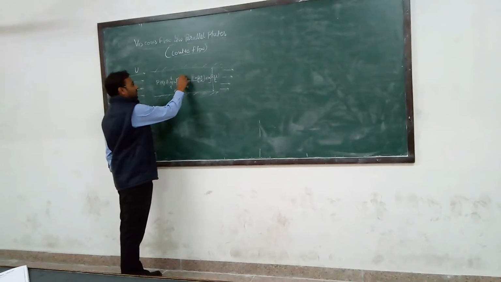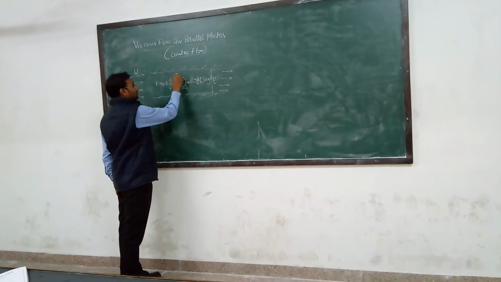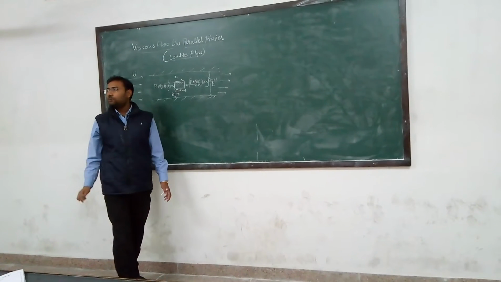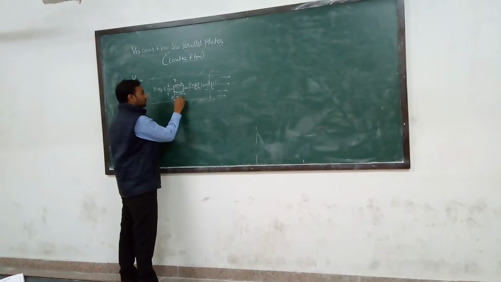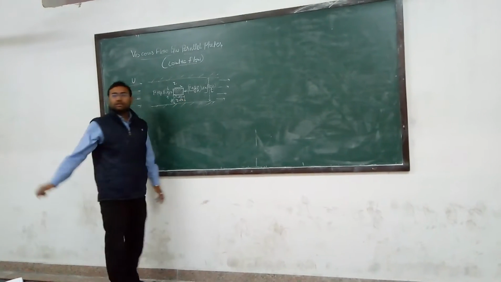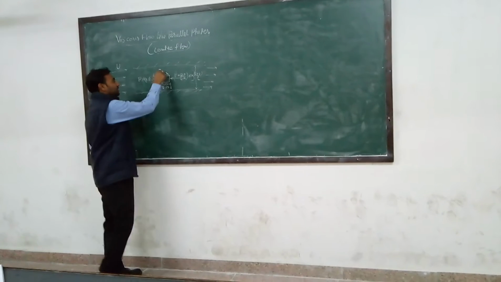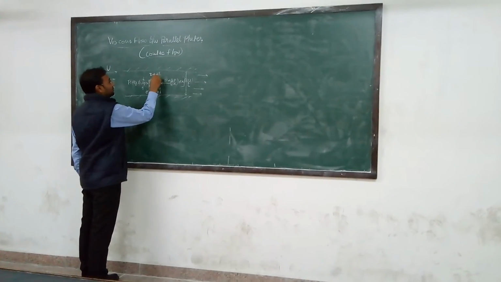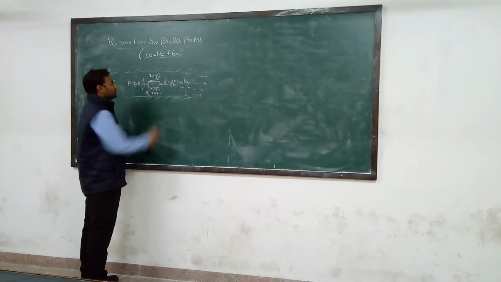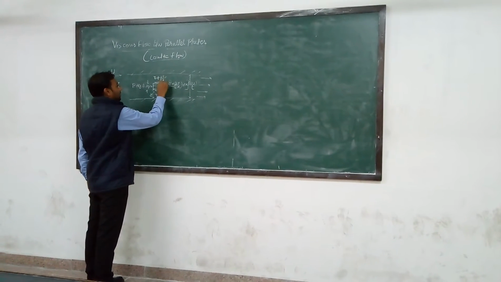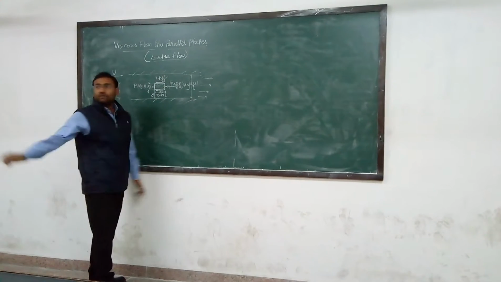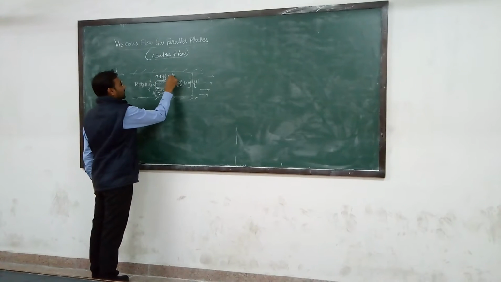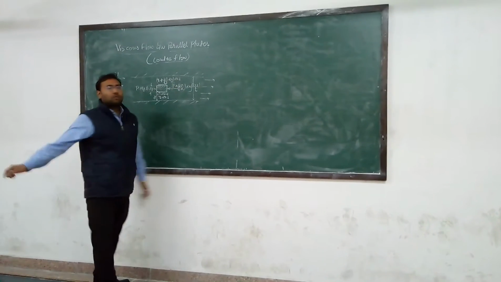So the value will be tau, suppose tau is shear stress, multiplied by area. So tau into dx into 1. This will be the shear force, and in this direction shear force will be tau plus del tau by del y into dy, times dx multiplied by 1.